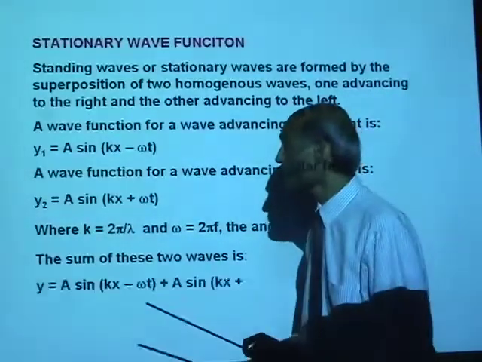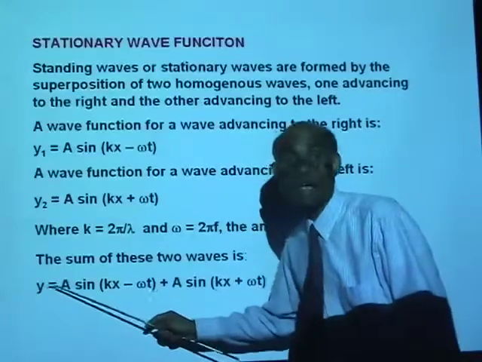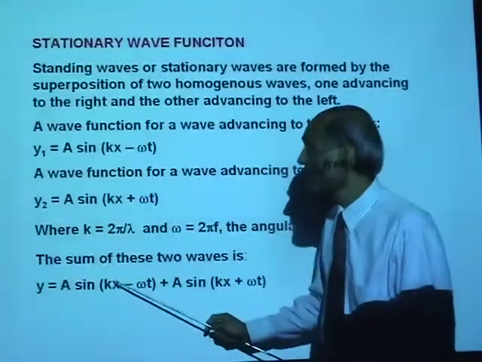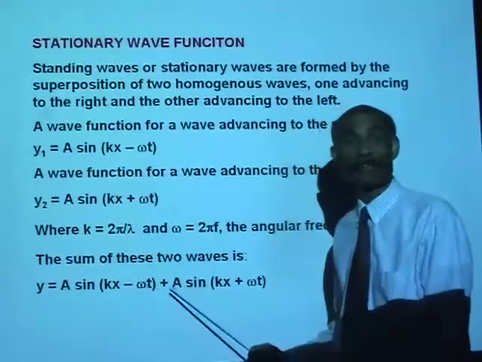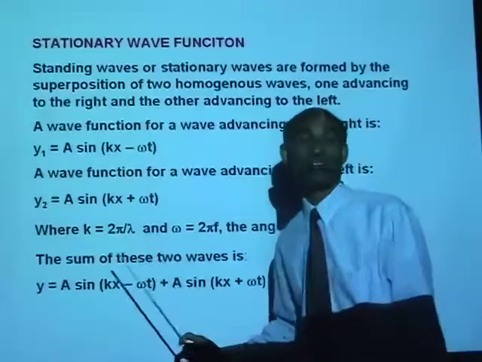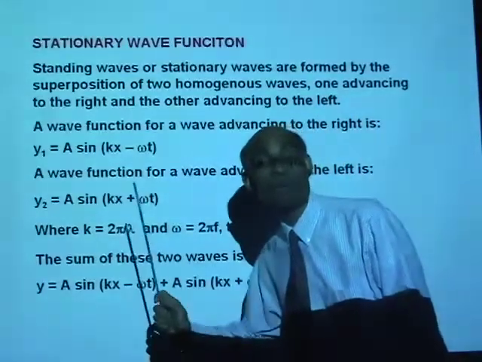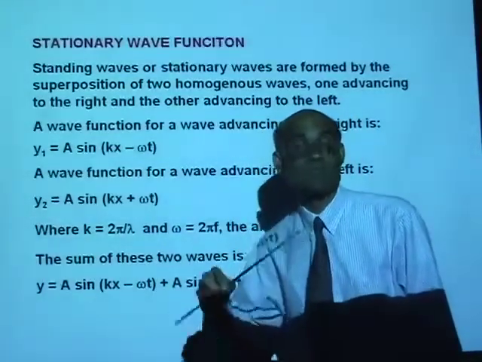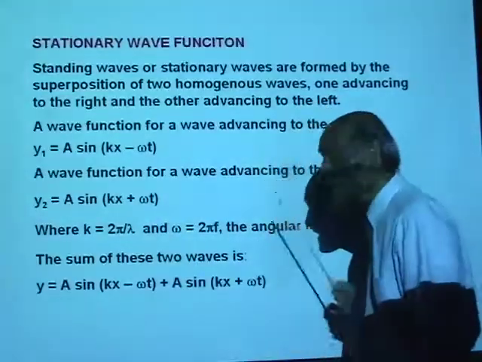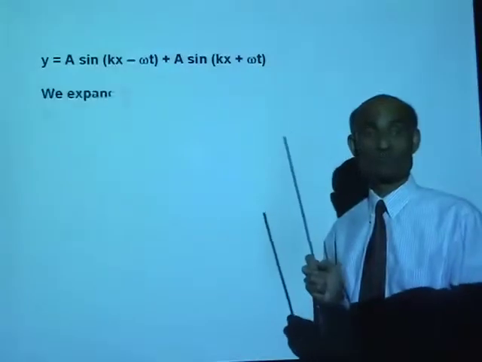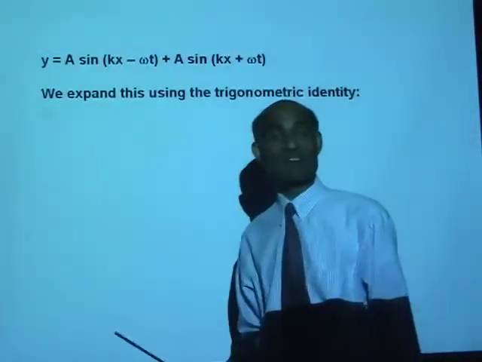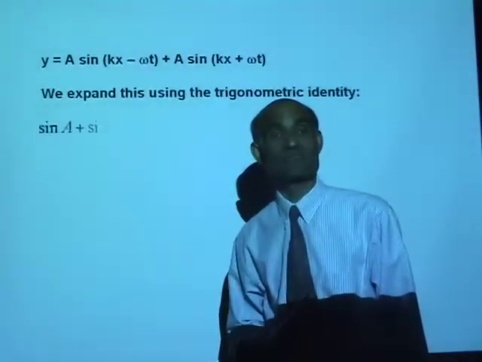Now the sum of these two waves is y equal to y1 plus y2, a sine(kx minus omega t) plus a sine(kx plus omega t). Now, can you use the equation I gave you in the last class, sine of A plus sine of B, and expand this? Well, we can expand this using the trigonometric identity we used in the last class.